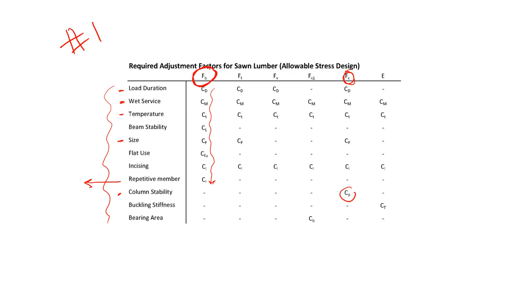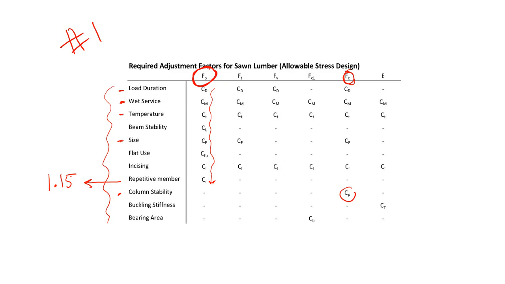When you get a bunch of people close together, they tend to strengthen each other. You get a bunch of floor joists together, they also have a strengthening effect. And so you've got to have at least 3 in number. They've got to be not any further apart than 24 inches on center. And if you do that, what it allows you to do is make an adjustment of 15% increase, or 1.15, as an adjustment factor for the strength related to the members that are repetitious there.